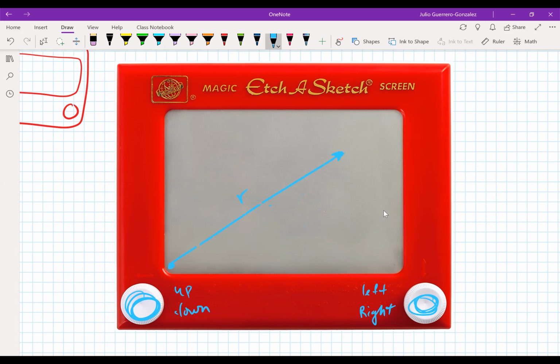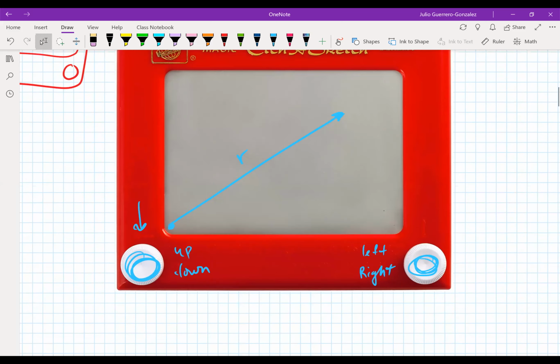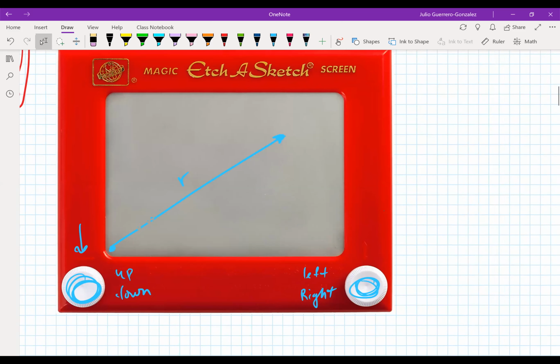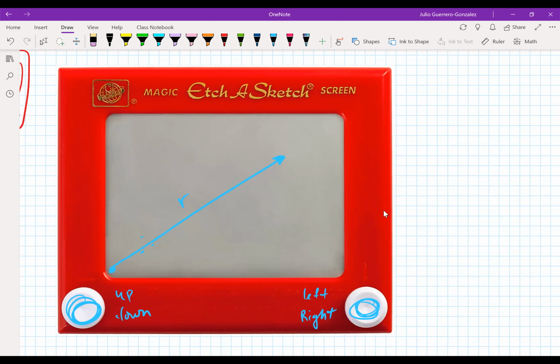There had to be a specific number of spins on this one to go over to that point, on the x-axis, and then there was a specific number of spins you had to do for this point in order to get up there.